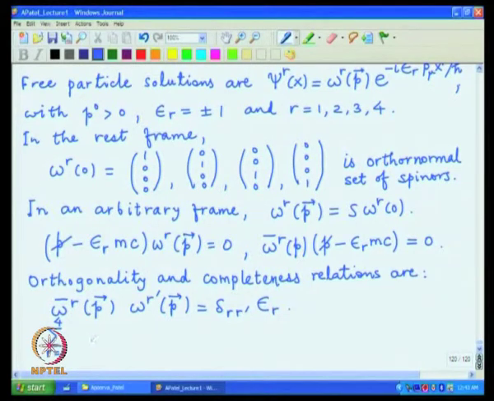That can be now written as the same objects, but multiplied in an opposite order, and I will again include the factor of epsilon r, which is necessary to get rid of the extra contribution coming from the gamma 0 part of omega bar.